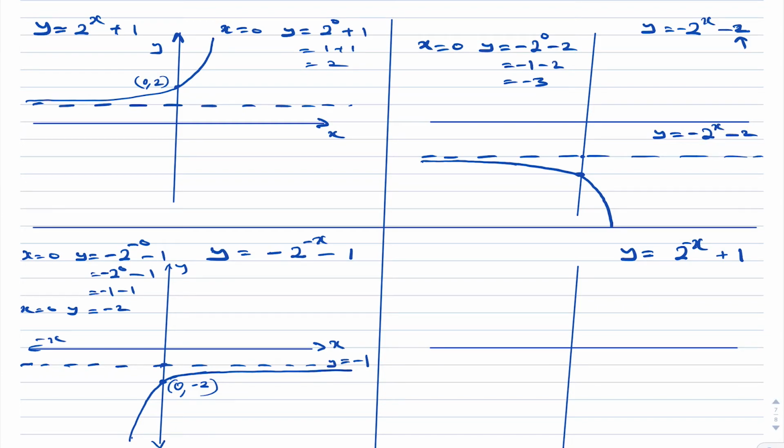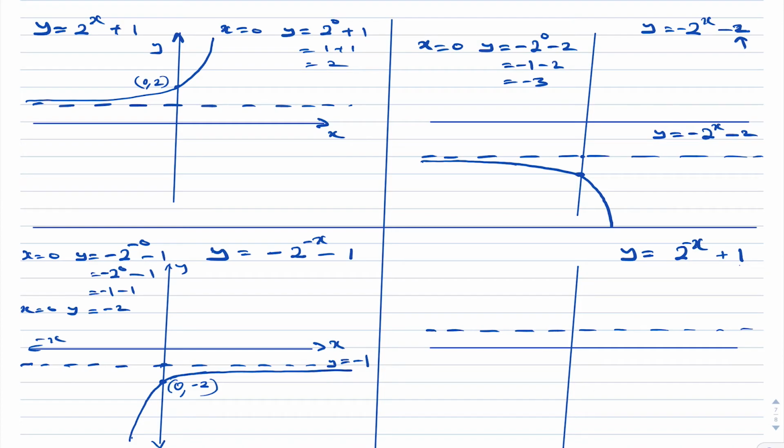And what about the fourth one? Let's try that one. So you've got a line of asymptote at plus 1, so we just draw that. It's approaching that plus 1. It's a decay because it's a negative power of x.